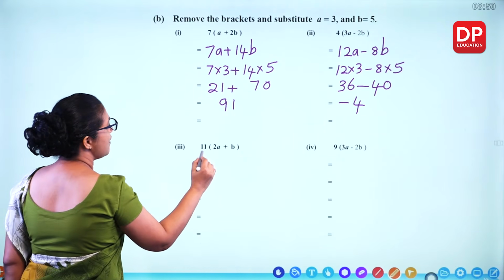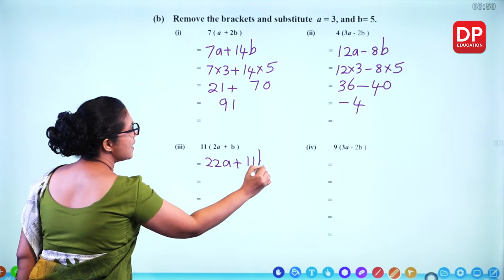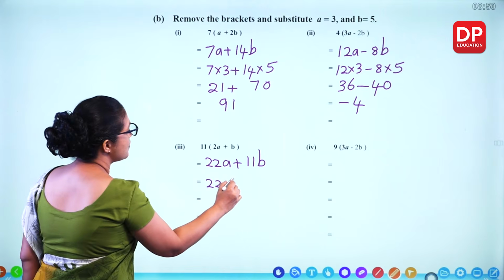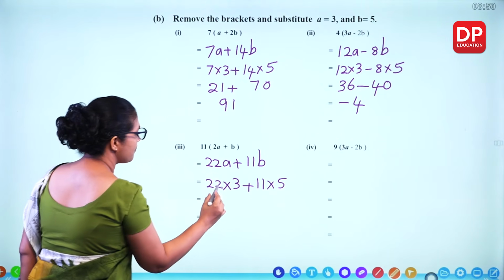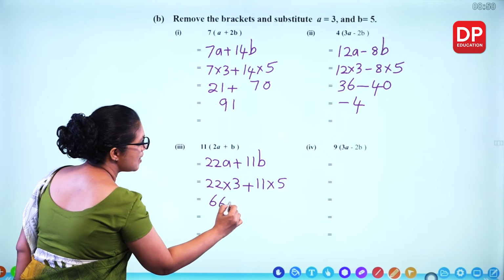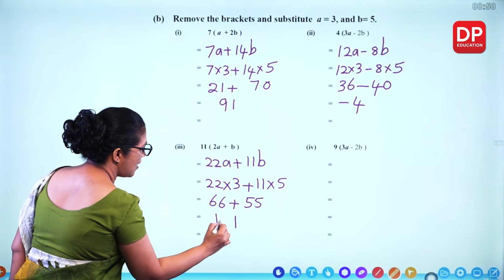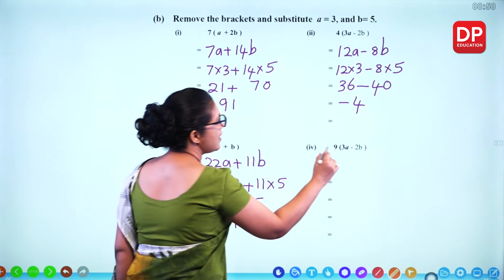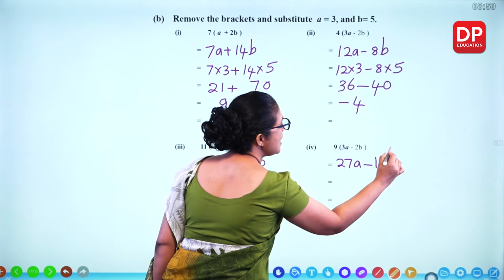Here, 11 times 2 is 22a plus 11b. So 22 times a is 3, b equals 5. 66 plus 55, 121. This one, 9 times 3 is 27a. 9 times minus 2 is 18b.